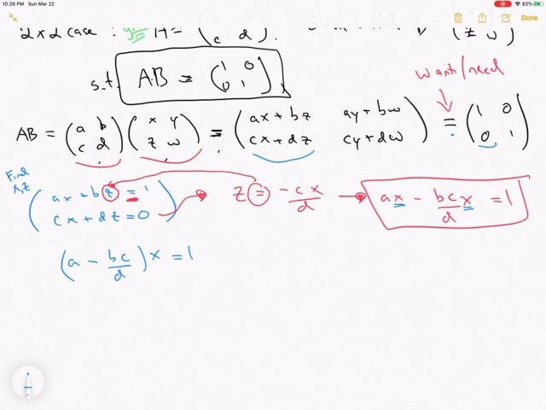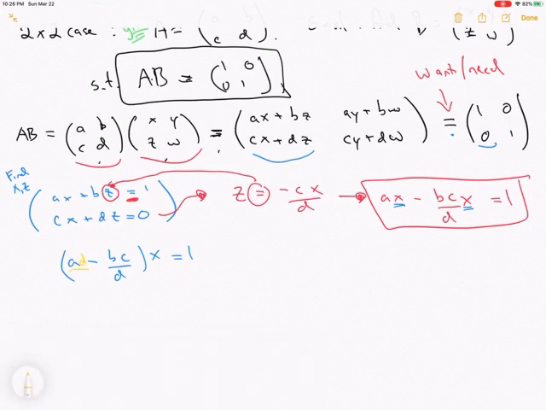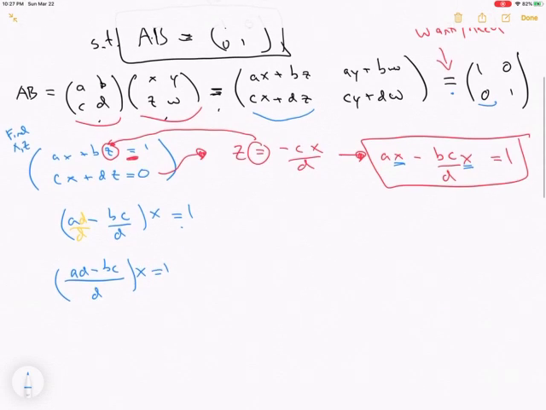To do that, we can multiply by the special version of 1, d over d. And so this equation just becomes (ad minus bc) over d, times x, is equal to 1. That tells us right away what x is: x is d over ad minus bc.